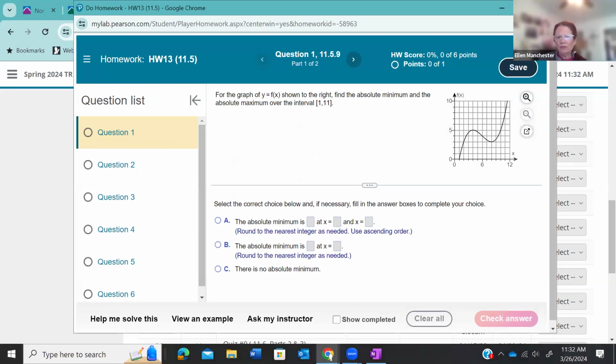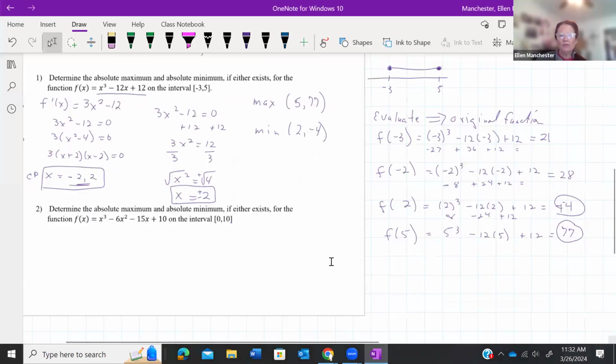So if we go back to our question, if it said the minimum, here, I'll type it. You can do it faster typing. So you would answer the question this way. The minimum value of -4 at x equals 2. So that's how you would answer that.